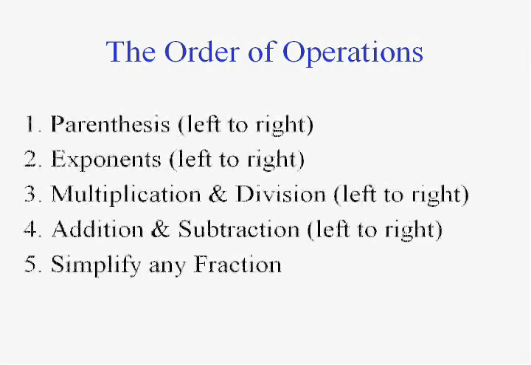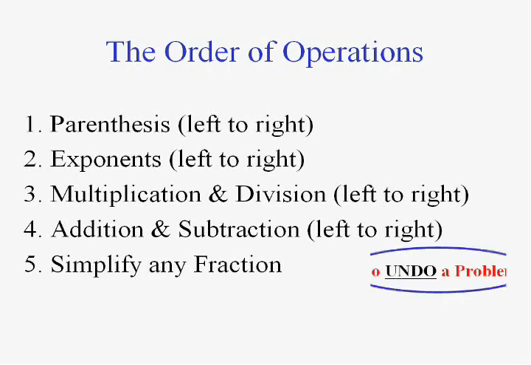When we solve an equation, we're not really doing a problem. We're still going to use the order of operations, but we're undoing a problem. We're getting rid of things to get x alone. So we're actually going to follow the order of operations backwards.